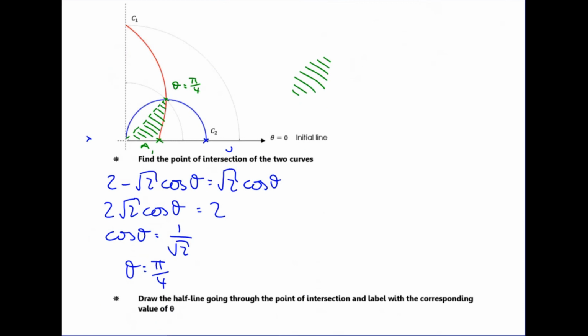So if you were to integrate between 0 and pi over 4, you would find this area in here. And if we were working out this area, you would take them away. But we're not. We're working out this area. So instead, I keep going around here until I get to pi over 2, it's back down here.